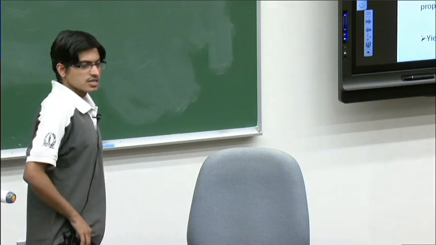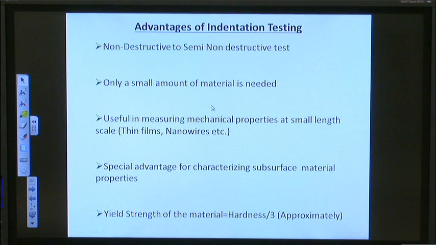The next slide is advantages of indentation testing. The first point is that indentation is non-destructive, or you can call indentation testing a semi non-destructive test. What is meant by this is you do not have to test the specimen till failure, whereas when you test a specimen in compression or in tension, most of the time we test those specimens until failure.